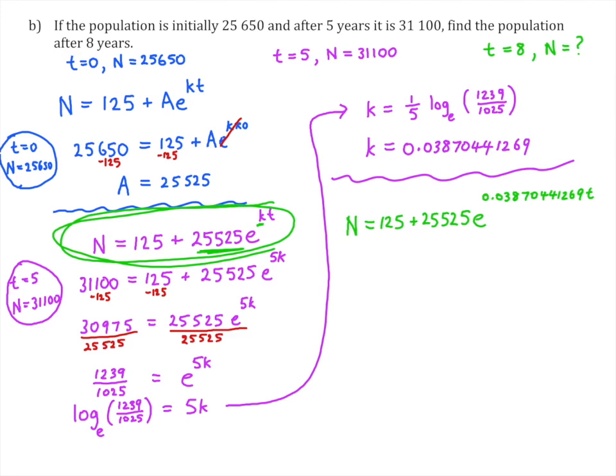Now, the question says, in the third piece of information up here, when little t is 8, so after 8 years, what's the population? So I'm going to come back here and let little t be equal to 8.